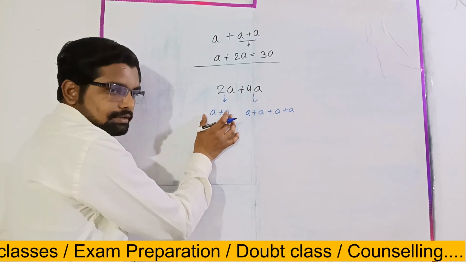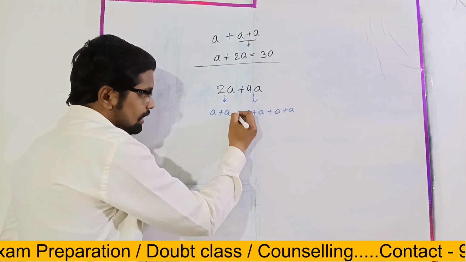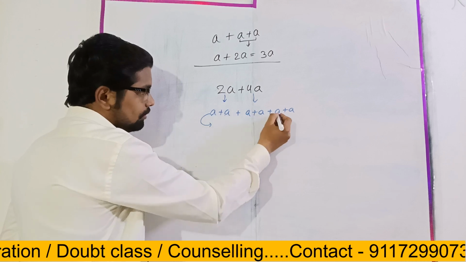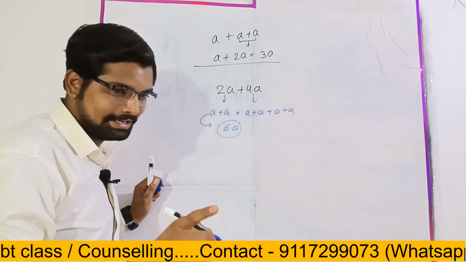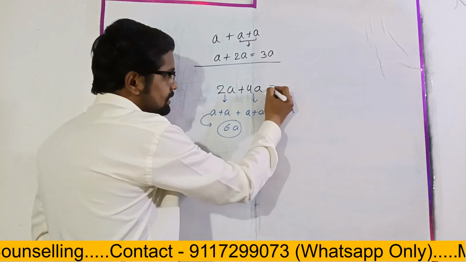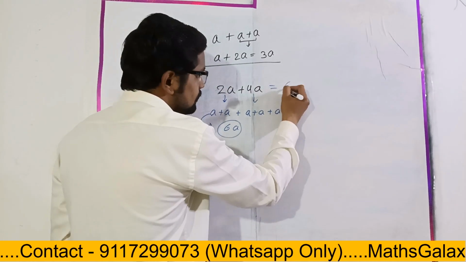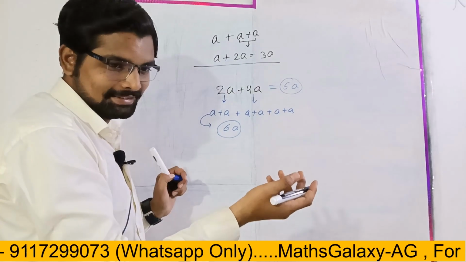It should be 6. This 2a and this 4a are added together, so this will be 1, 2, 3, 4, 5, 6. It will be a total of 6a. Is it clear? You can also do it directly. 2 plus 4 is 6, and a, that's all. How simple, right?